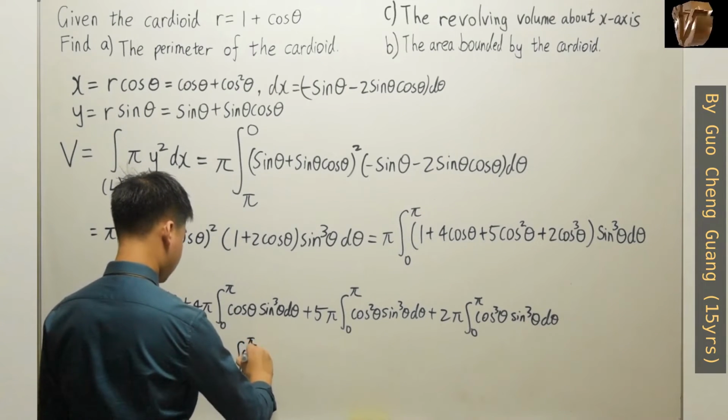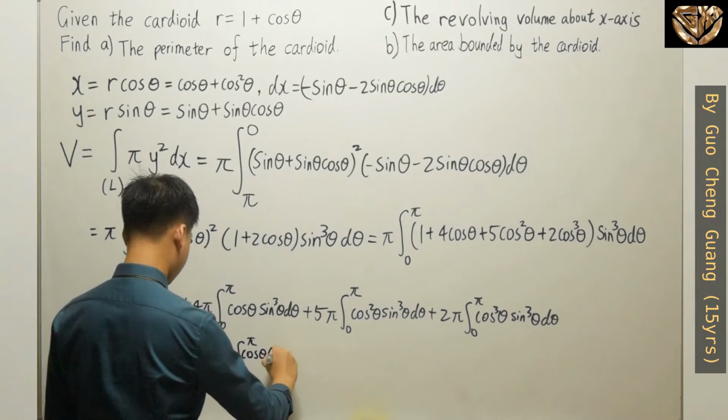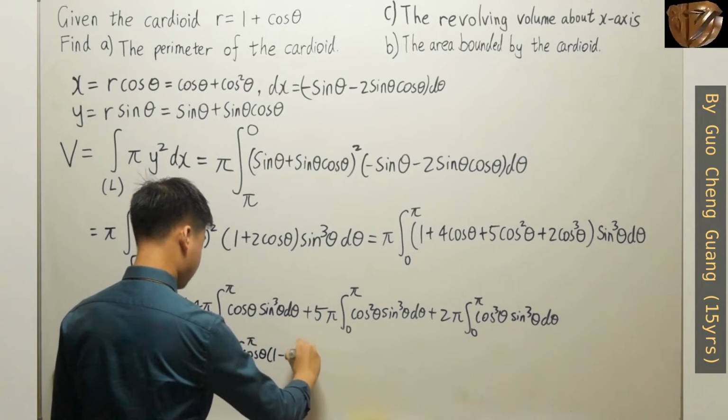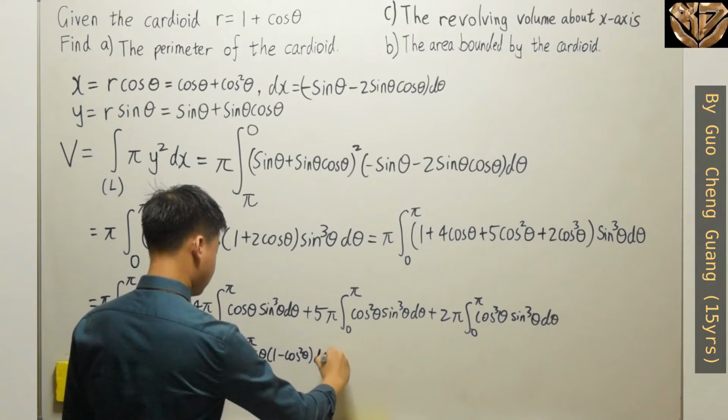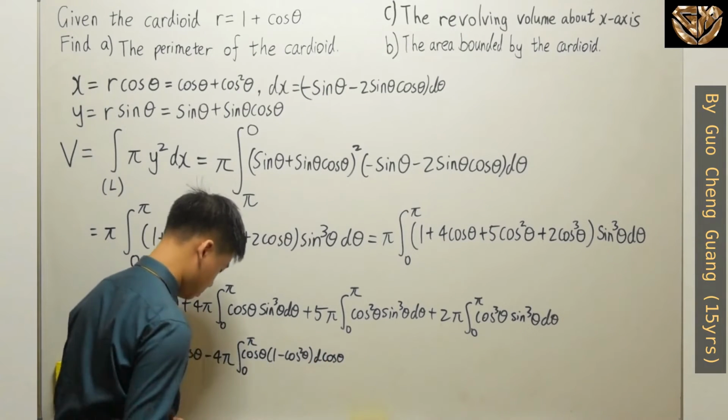So here instead you have cosine theta, 1 minus cosine square theta, then d cosine theta.